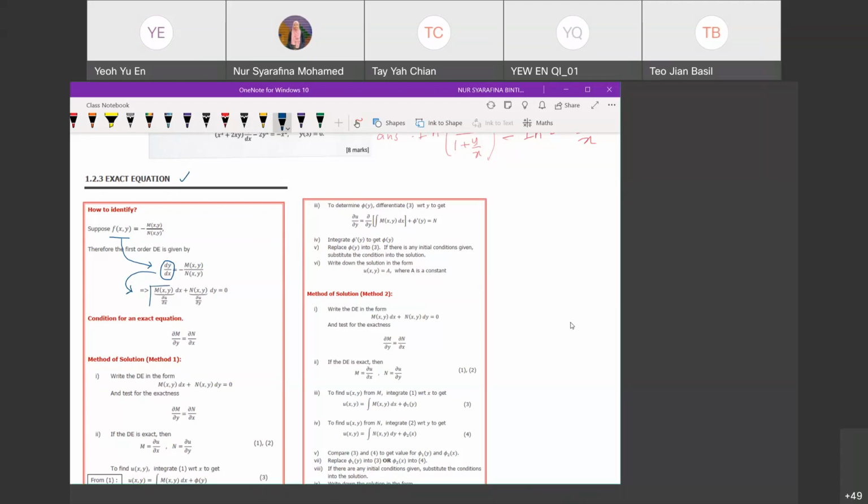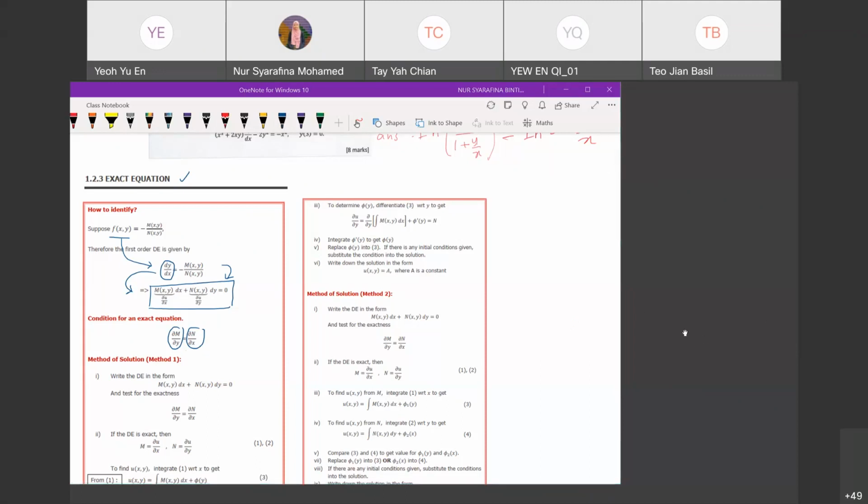If we can rewrite the differential equation like this, then we can call it an exact equation if del M over del y equals del N over del x. Okay, let's take a look at the example.